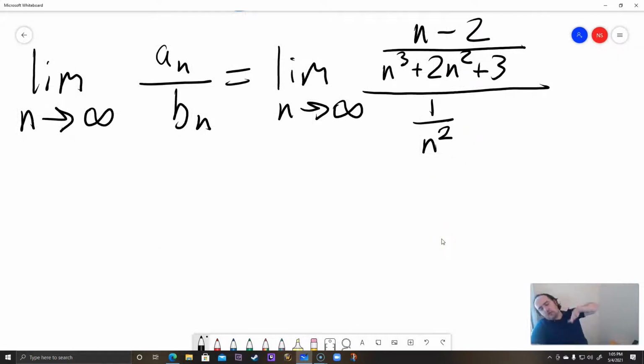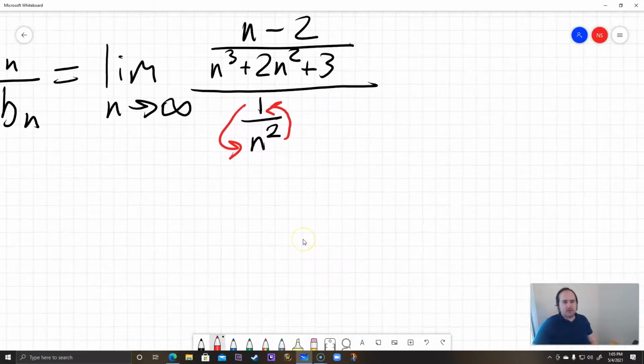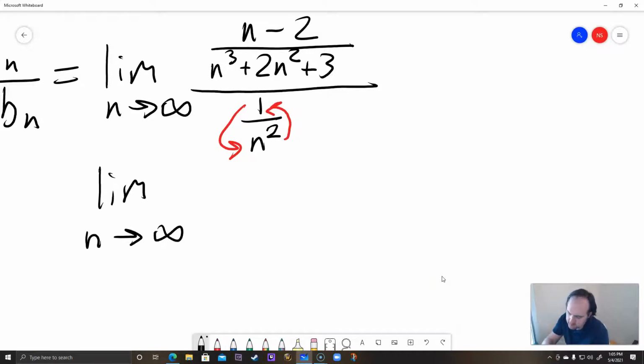So if you're dividing by 1 over n squared, that's the same as multiplying by the reciprocal. So we can flip it over and multiply by n squared on the top. I know right now it doesn't seem like this is going to help us very much, but in a second you're going to see why it's helpful. So we're going to get the limit as n goes to infinity.